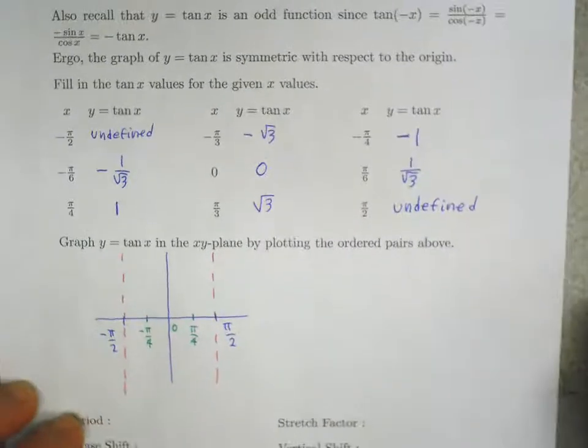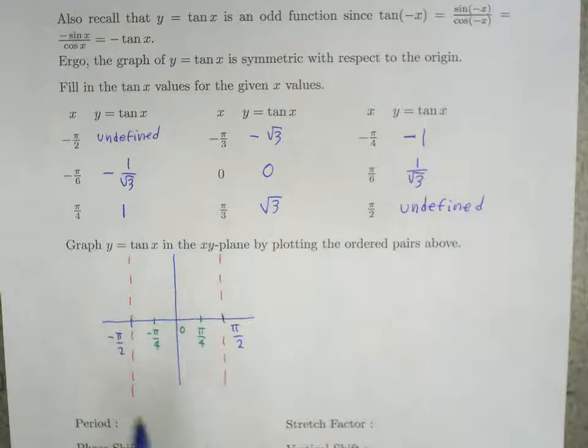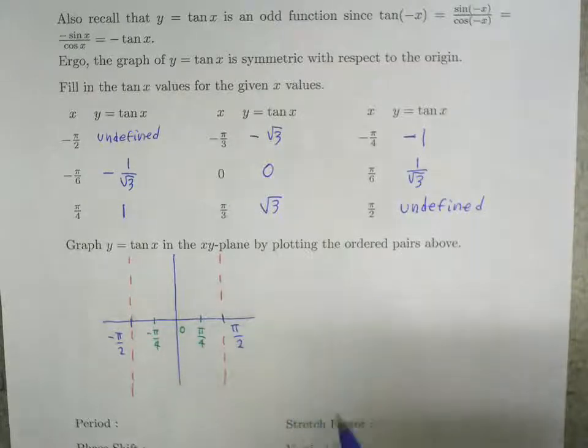And so the idea is, if we use the input values negative pi over 4, 0, and pi over 4, we can plot 3 points for y equals tangent of x.